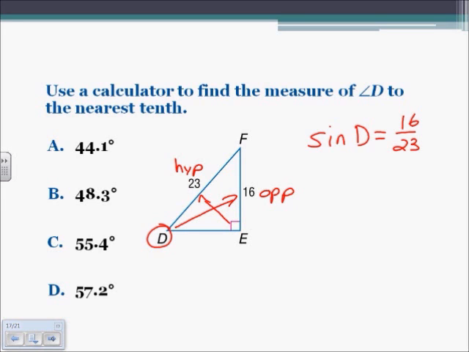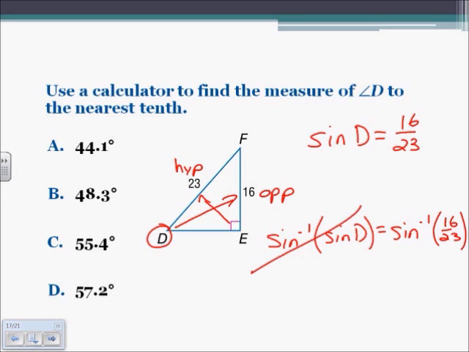Now, to solve for the actual numeric value of D, what I need to do is use inverse trig. So inverse is just like everything else. Cancel out one side. So if I want D by itself, I can take the sine inverse of sine of D on both the left and the right sides of the equation. On the left side, the sine and the sine inverse cancel out, and I'm left with just D is equal to sine inverse of 16 over 23.